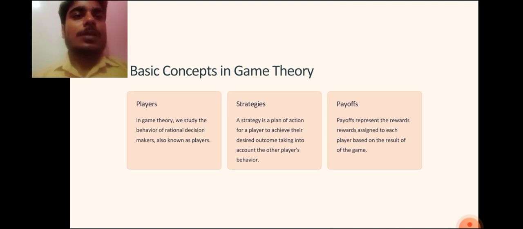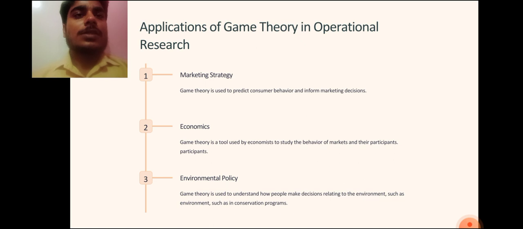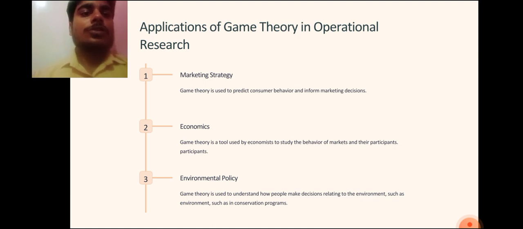After the concepts, we are now going to discuss applications of game theory in operational research. First, marketing strategy: game theory is used to predict consumer behavior and inform marketing decisions. After that, economics: game theory provides tools to study the behavior of markets and participants in economics.